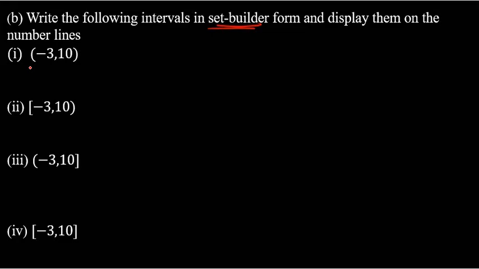So for you to write this in set builder, you say x is such that x is a member of real numbers, like that, right? Then what are they trying to say? They're saying that -3 is less than x and x is less than 10. Then closed.